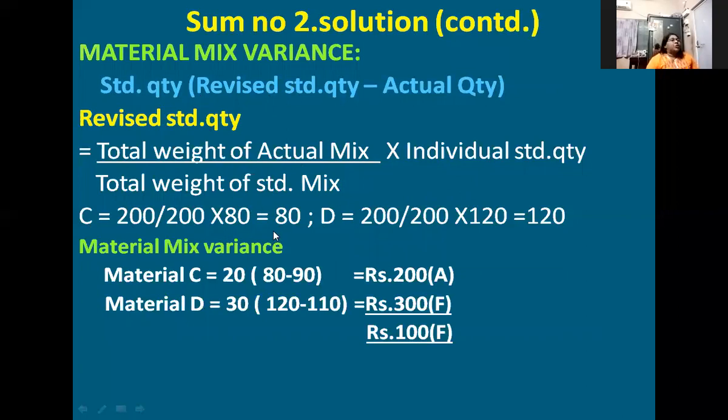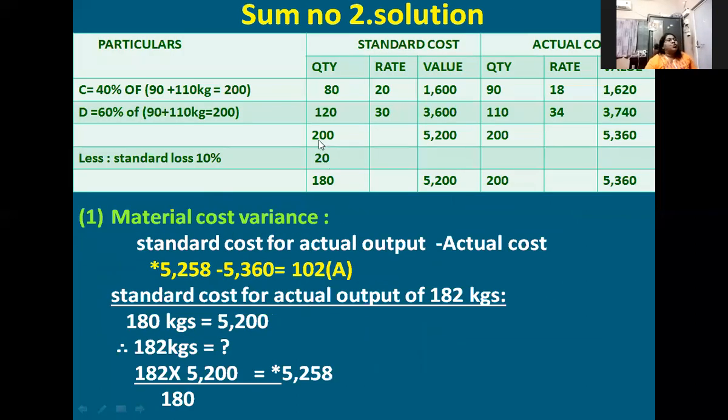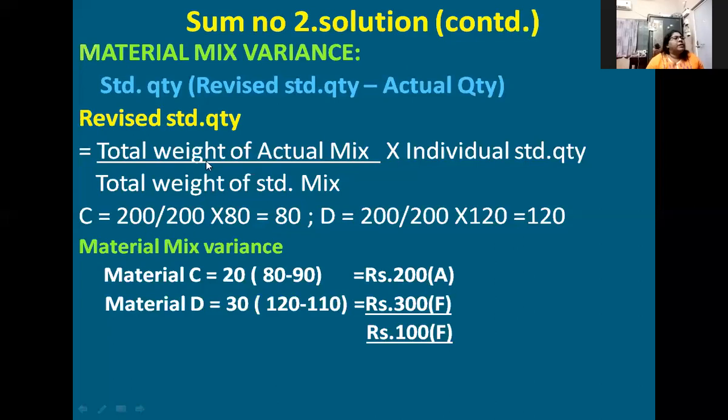Total weight of actual mix, total weight of standard mix. Both the answers are 200 as per our calculation made in the tabular column. That is, the standard quantity summation is how much? 200. Actual quantity is how much? 200. So likewise, we calculated the total weight of actual mix and the total weight of standard mix into individual standard quantity.